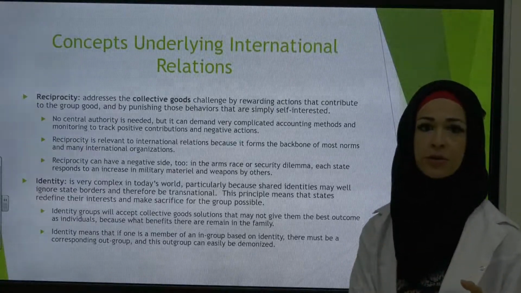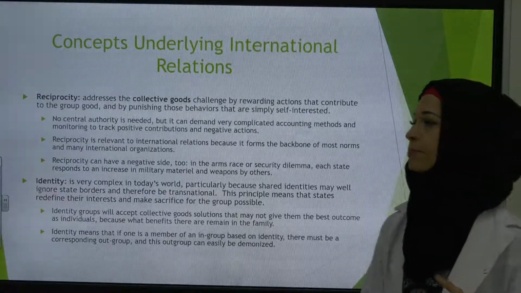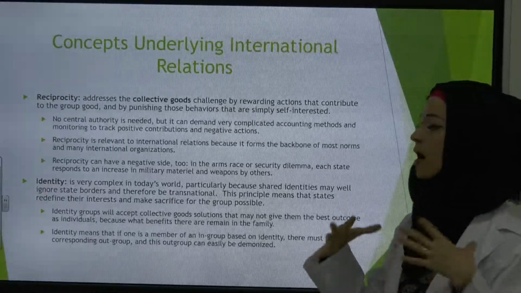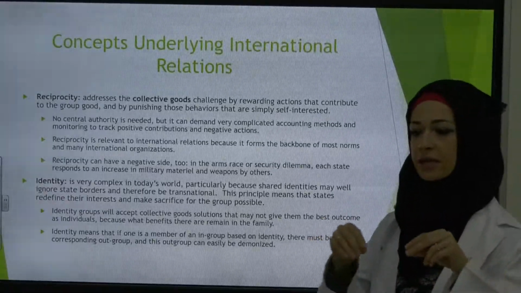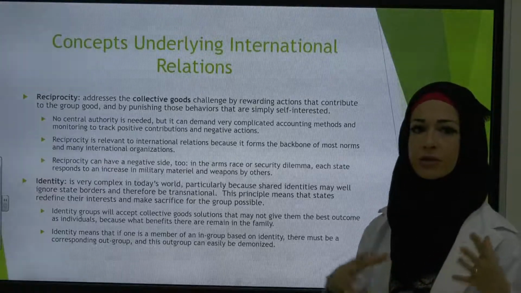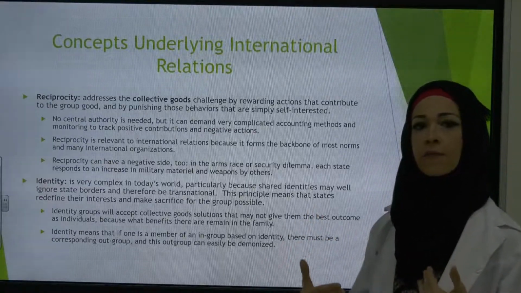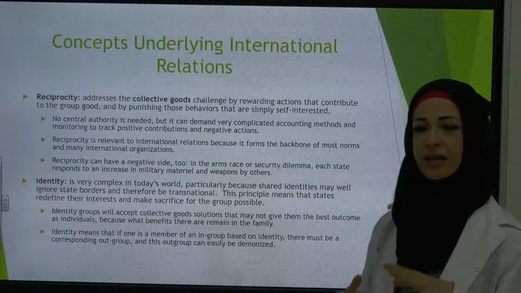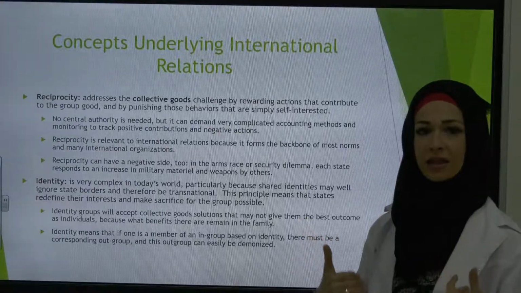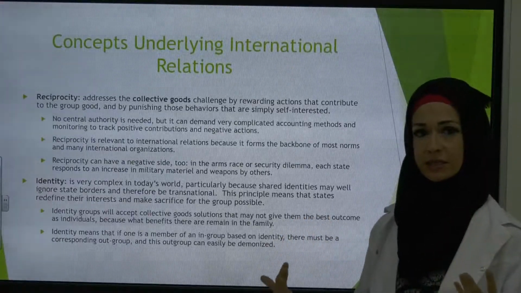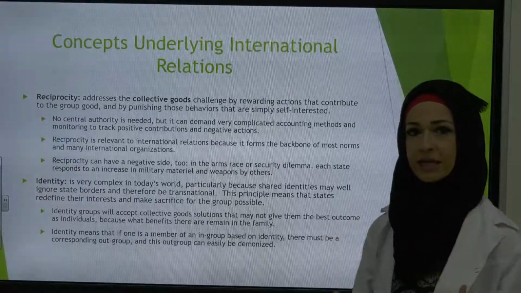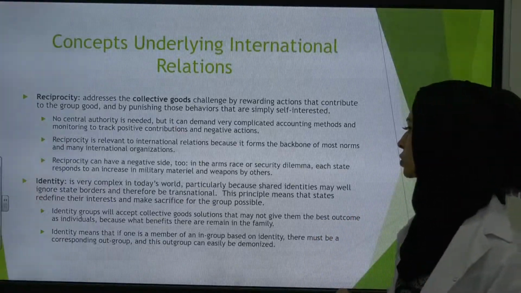Example, Germany, the United States, Britain. So this creates a complex identity, in that the individual doesn't just associate with the state that they are a citizen of, but they also have an ethnic, national identity. So this creates a complexity in terms of defining an individual.